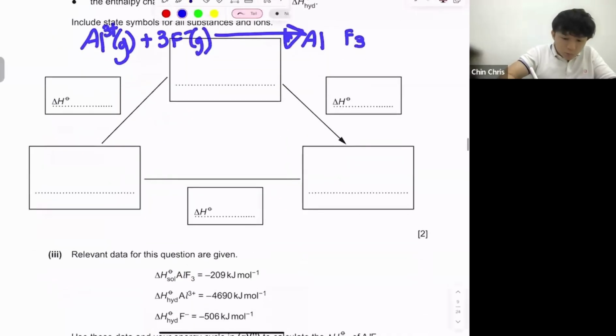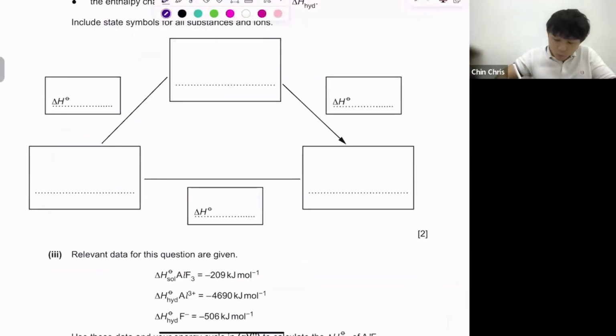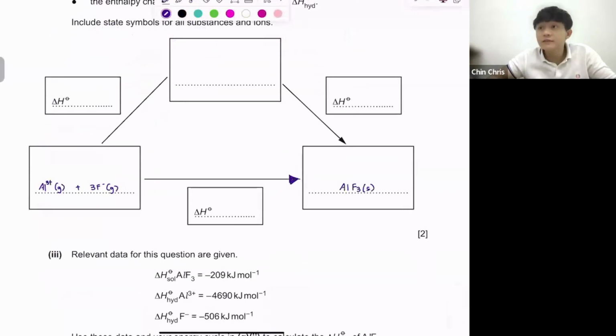So guys, which one do you want to put first? I think I start with this one first. So Al3+ gas and 3F- gas can turn into AlF3 solid, yeah?